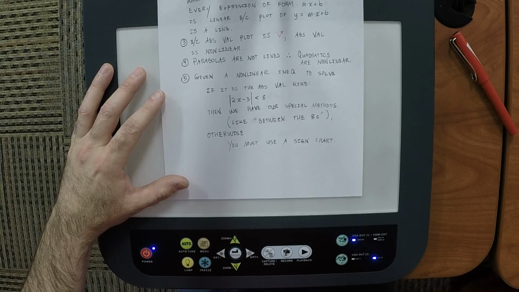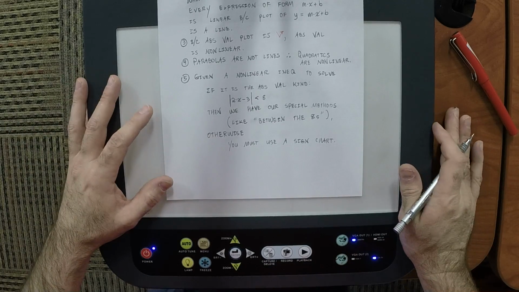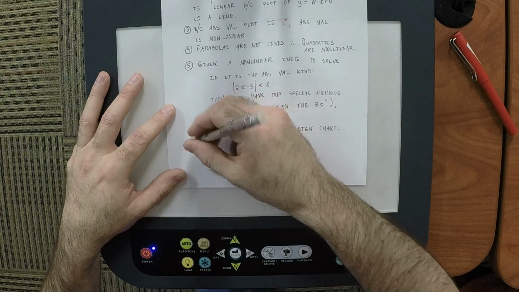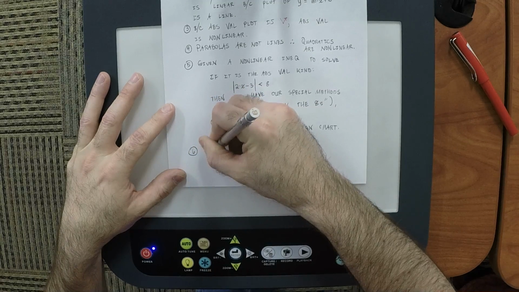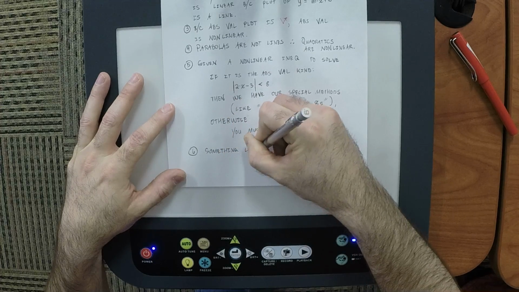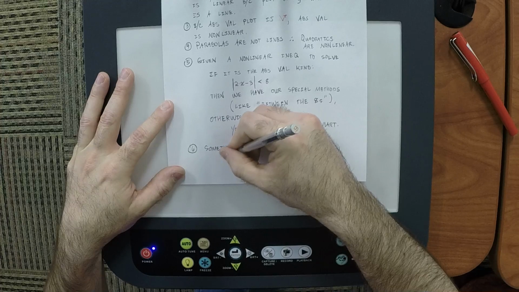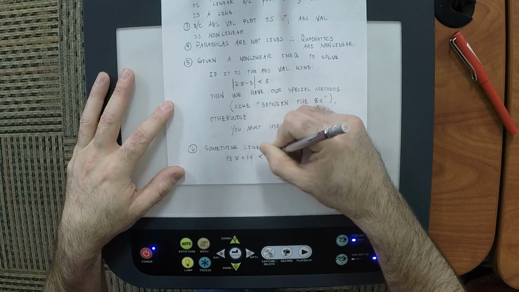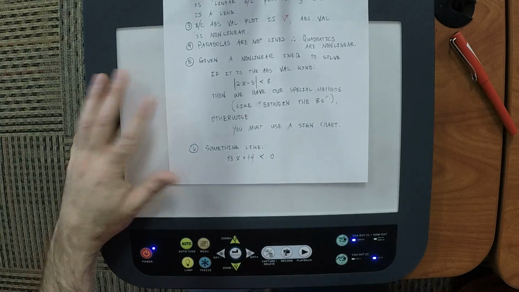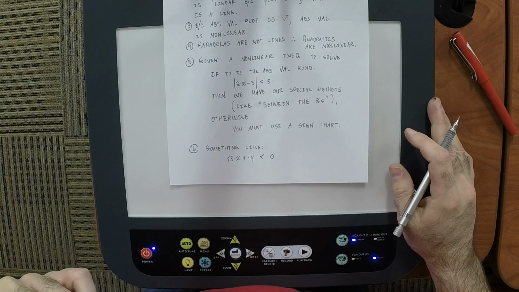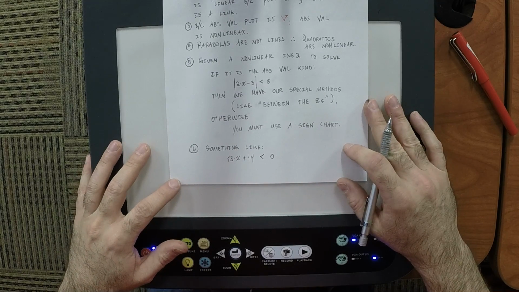And to be clear, maybe to the point of going too far, if you were given to solve, say, 13x plus 14 less than 0, is this linear or nonlinear? It's linear.